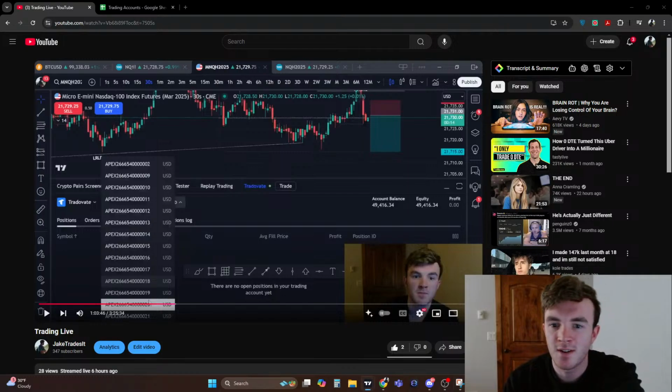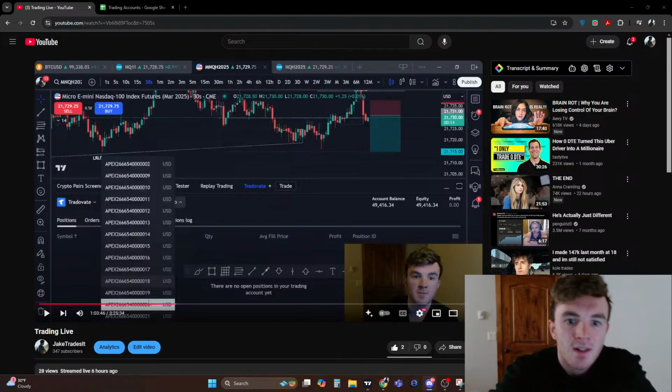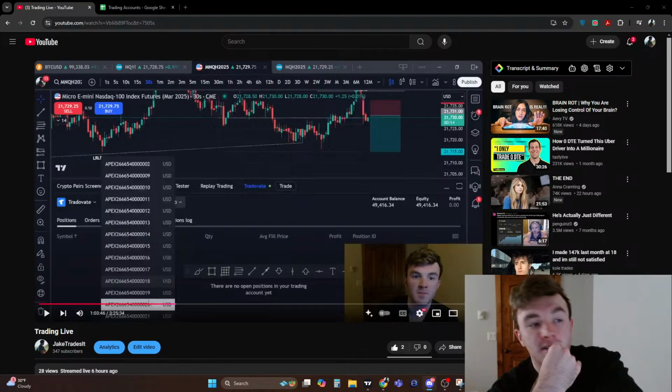I'm trying to think of how to word it. I thought this trade was a lot worse than it was. It's still pretty bad. But you can see it perfectly stopped me out and then hit TP.